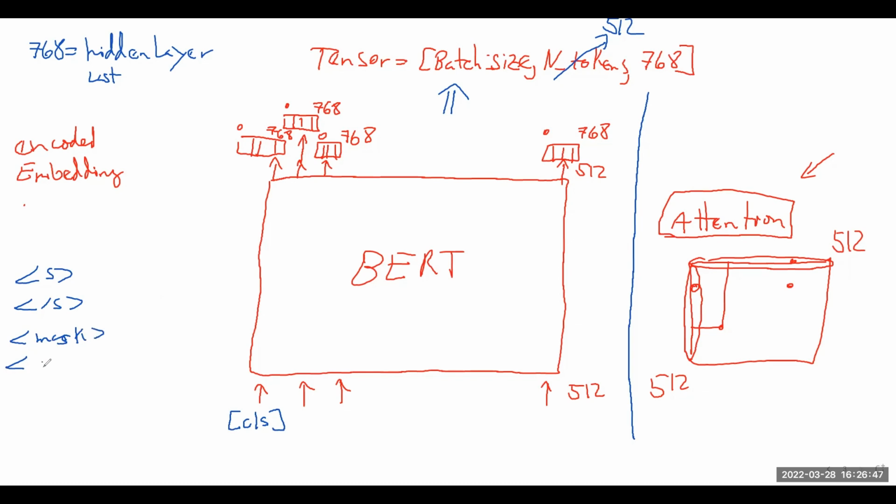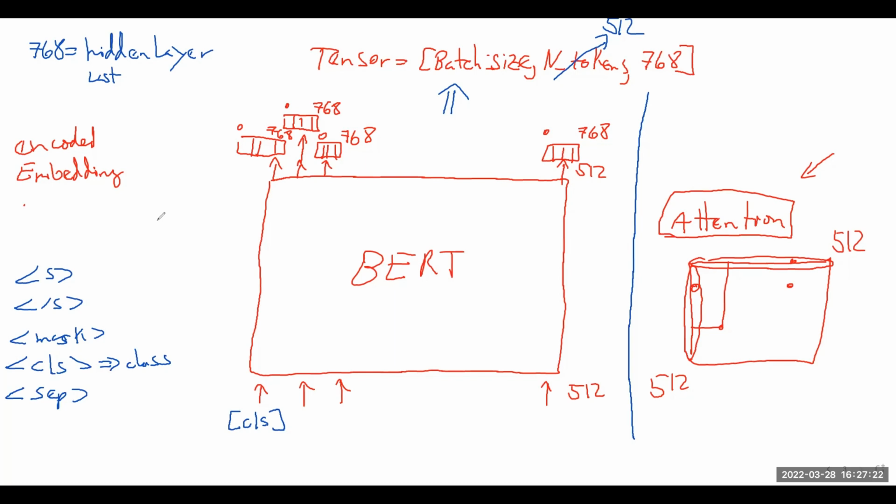Well, now I'm saying there's a new one, CLS, right? This actually stands for class. So you can see where this is going. Could be a type of label. And there are other ones. There's a new one called separator. And that's when you want to give the transformer multiple sentences. So you use that separator tag in between two sentences and separate it out. That's kind of the idea of it.